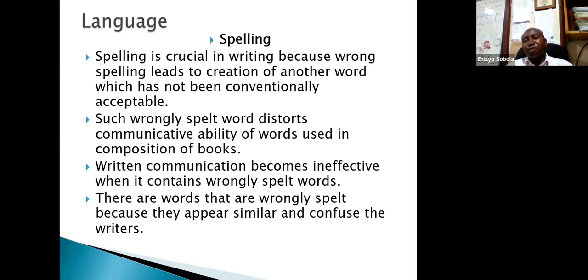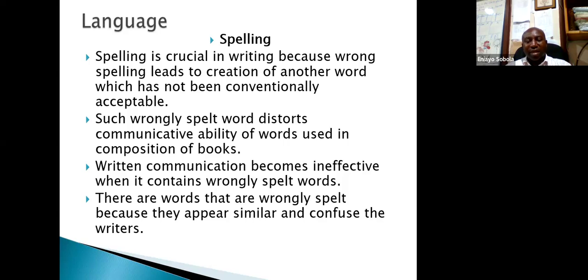So we can state that spelling is crucial. It's a skill that we need to master when we engage in writing, because such wrongly spelled words distort communicative ability.